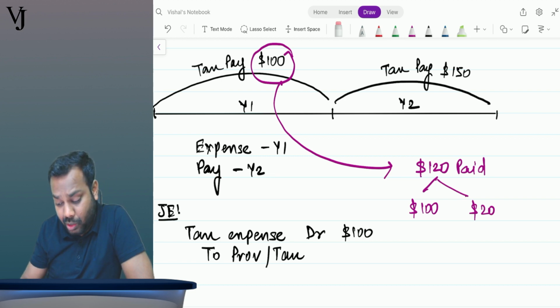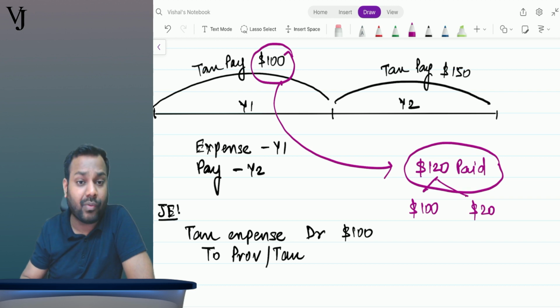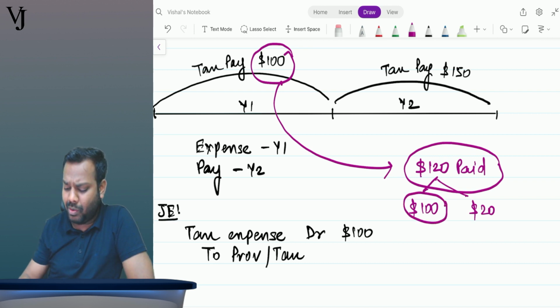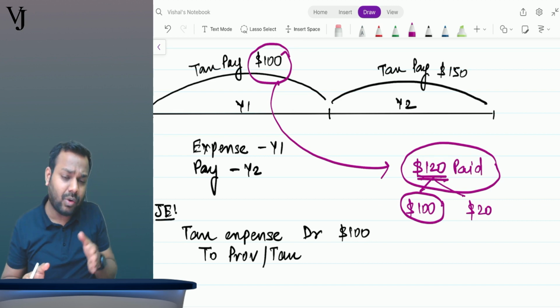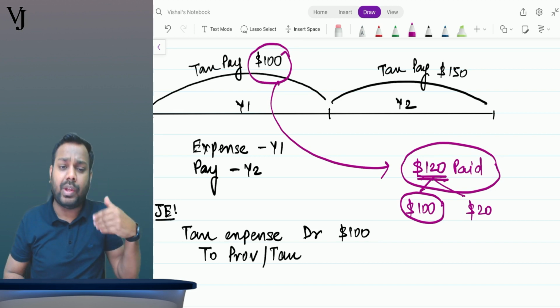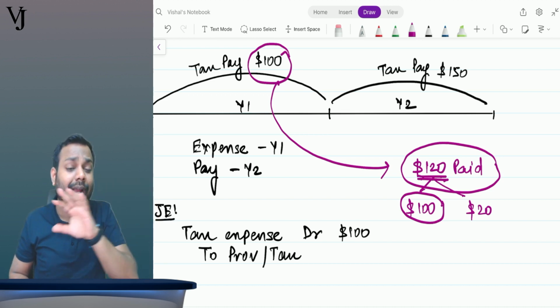Now we all know that this 120 which we are paying in year 2 is an expense of year 1, but we have recognized an expense of only 100 in year 1. Now the actual amount is 120. So does it mean that I shall go and open the FS of year 1 and change it? No, I cannot do that.